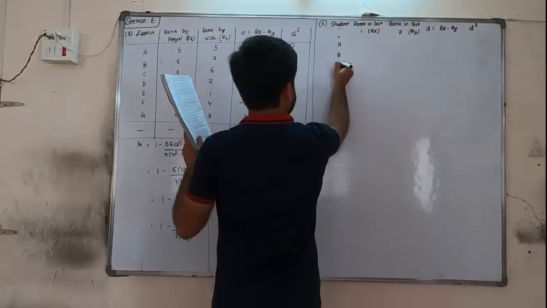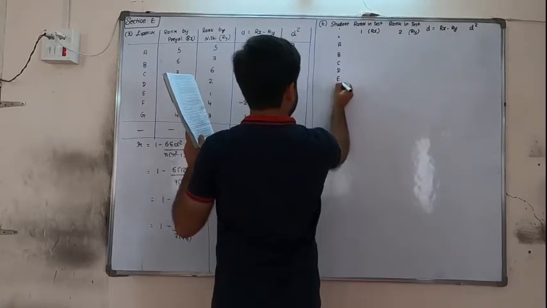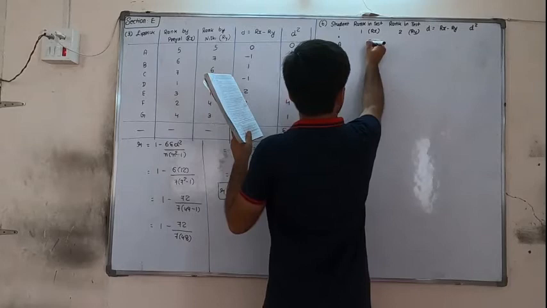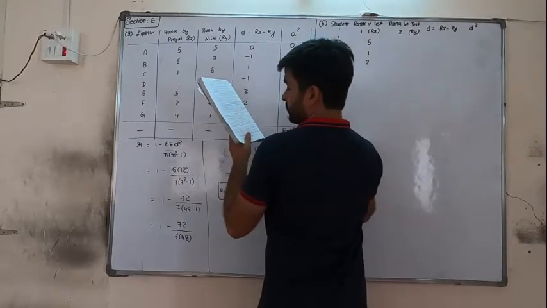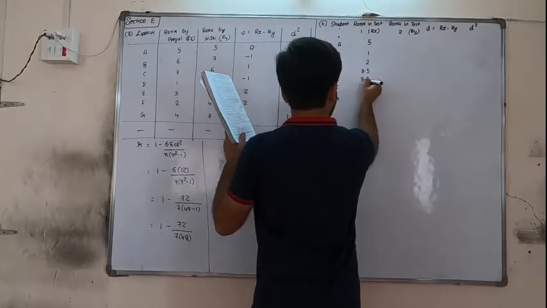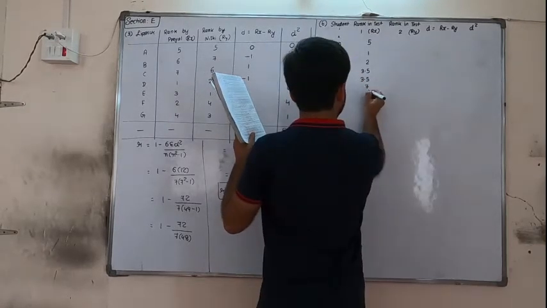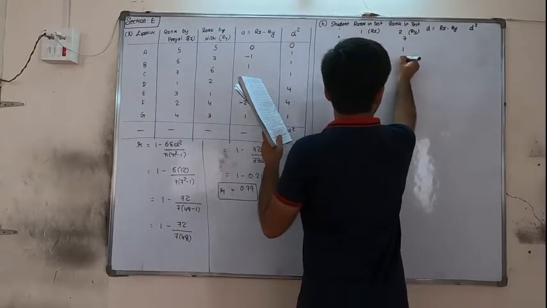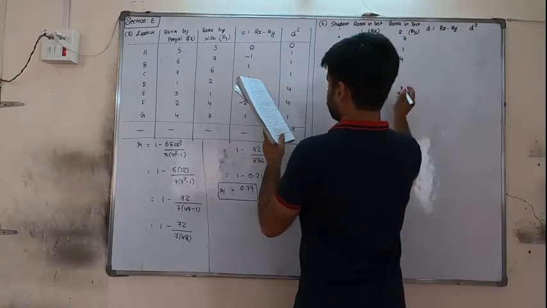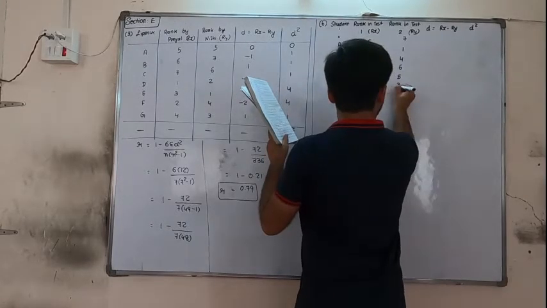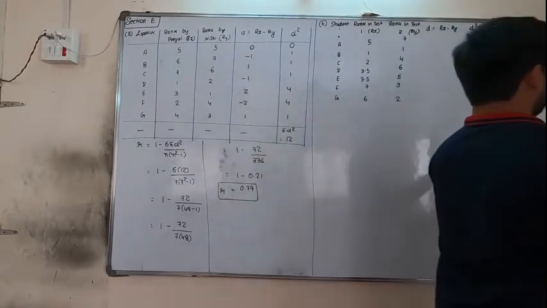Students A, B, C, D, E, F, G. Test 1 ranks: 5, 1, 2, 3.5, 3.5, 7, 6. Test 2 ranks: 7, 1, 4, 6, 5, 3, 2.